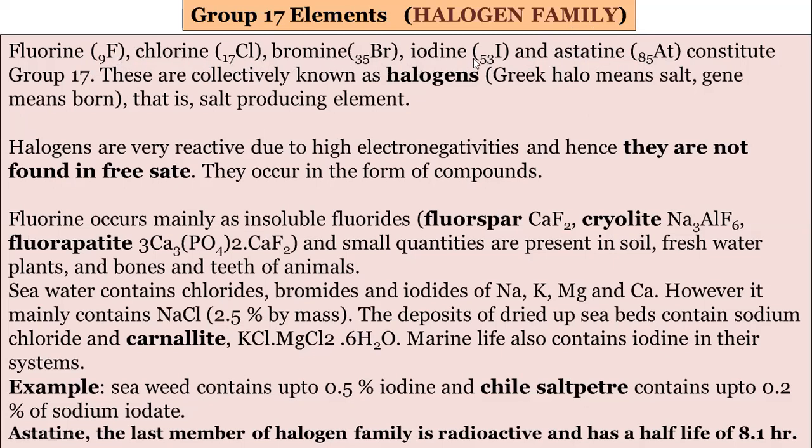Fluorine, chlorine, bromine, and iodine. These are the four halogens, because the chemistry of these four elements is very much known to us. Astatine is the last member of the halogen family, which is radioactive and has a half-life of only 8.1 hours. So its chemistry is not very much known, remember.